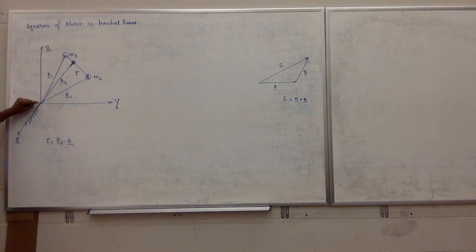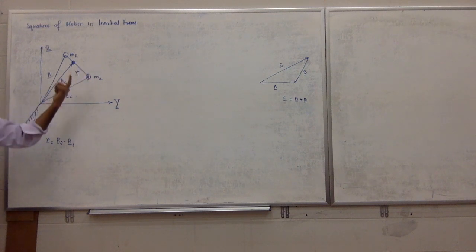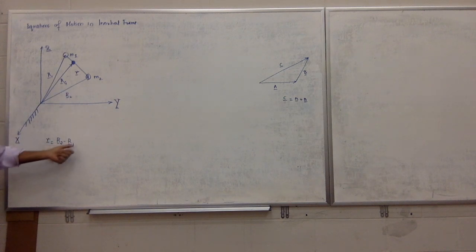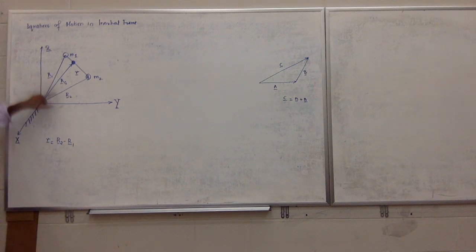This is the tail of first vector R1, this is the head of second vector R, so R1 plus R is R2. Exactly the same relation. So you can write R as R2 minus R1.